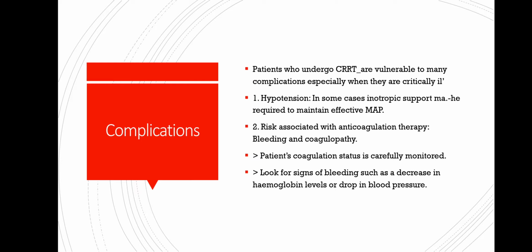The risks associated with anticoagulation therapy are bleeding and coagulopathy. The patient's coagulation status is carefully monitored, looking for signs of bleeding such as decreased hemoglobin level or a drop in blood pressure.